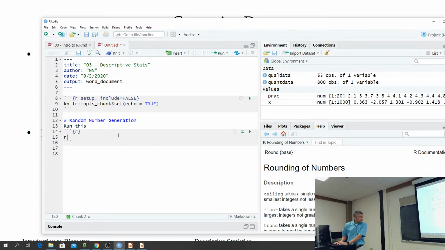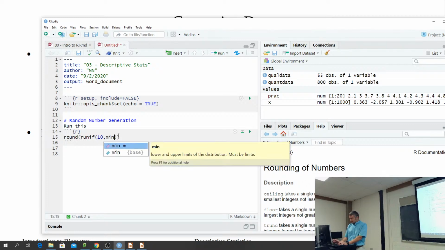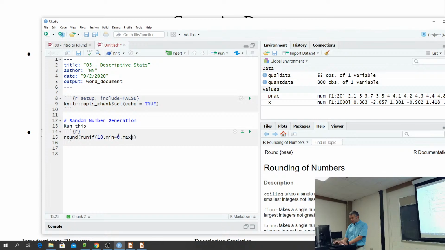We are going to do this: round, parentheses, runif, 10, min equals 0, comma, max equals 10. So get it in there and then run it.